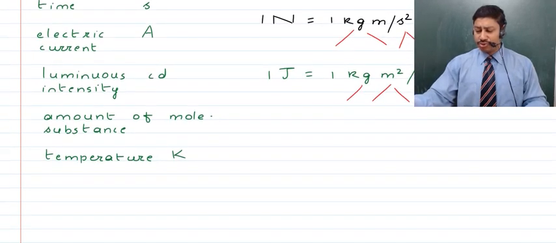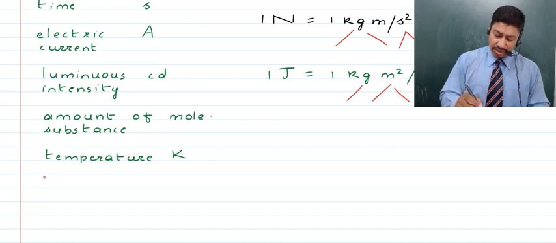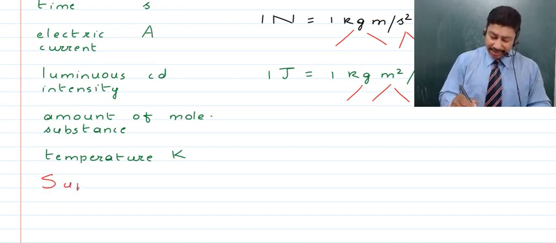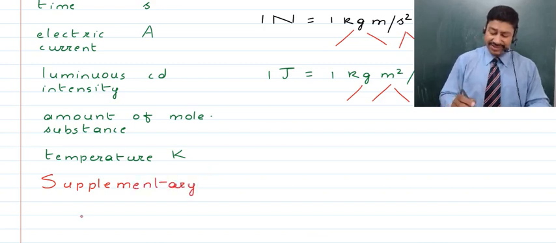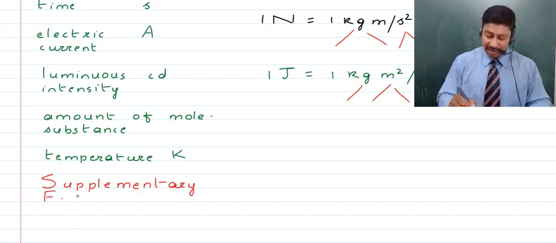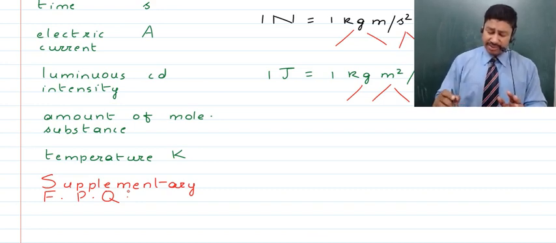Now, like I told you, there are 2 more supplementary physical quantities. So next we'll be talking about those. The word supplementary actually means helpful. So that's why these 2 are helpful in talking about the units of all of physics. So we have these as supplementary fundamental physical quantities, which is an abbreviation that I've written. F stands for fundamental, P stands for physical, and Q stands for quantities, something that I've written above.